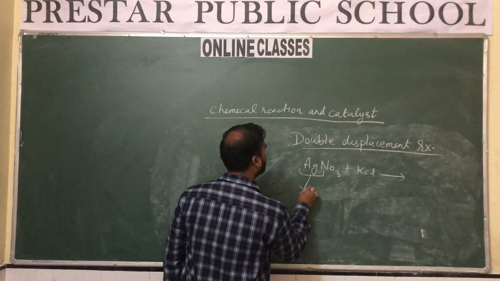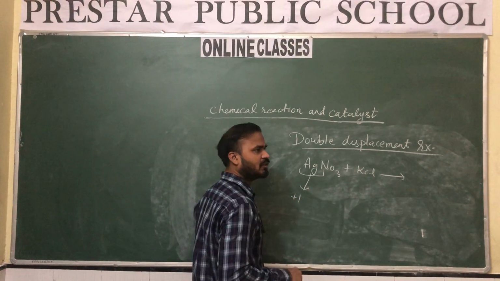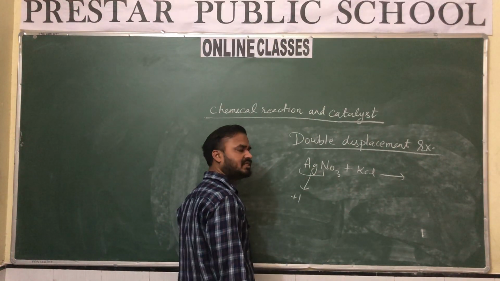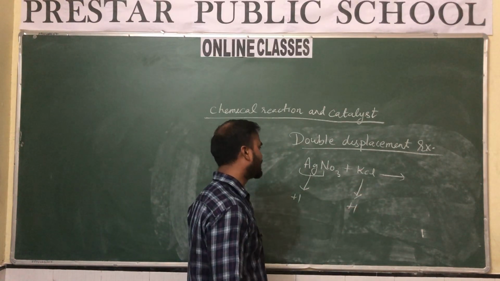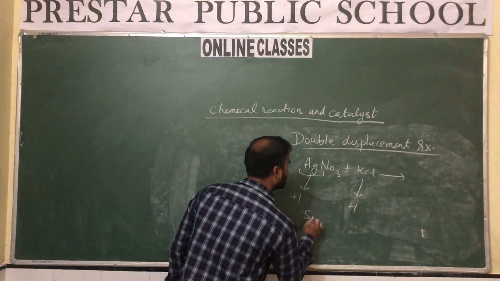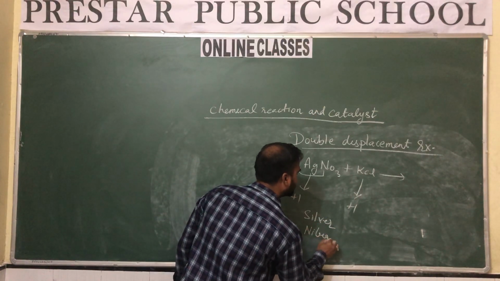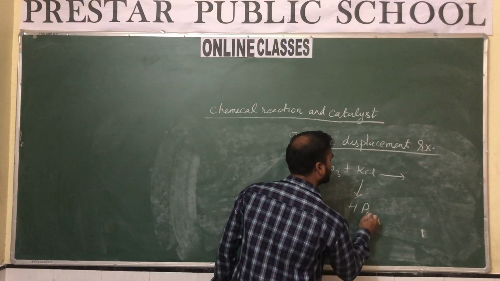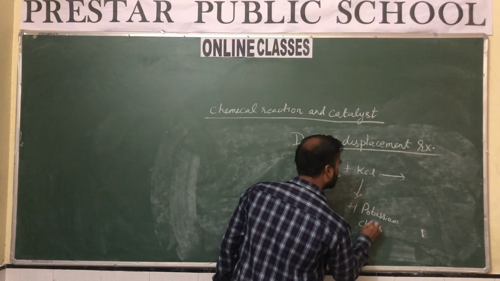Students, the valency of silver is +1. I'll tell you more when we do the valency part, but first you have to learn that Ag has valency +1 and K is also +1. So in this case AgNO3 means silver nitrate, and KCl means potassium chloride.